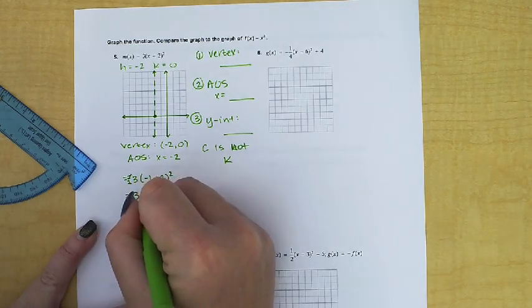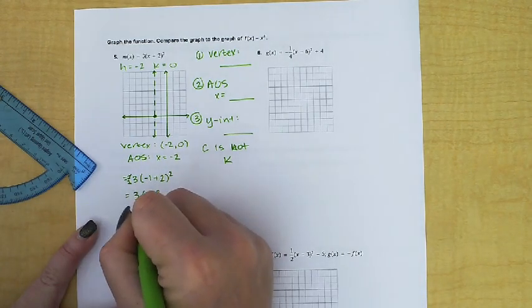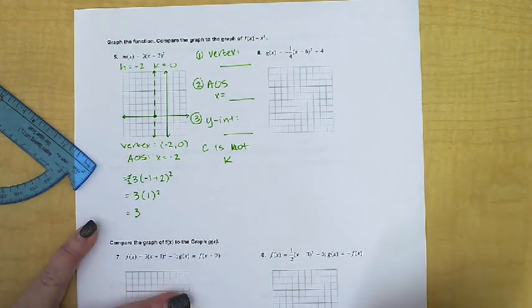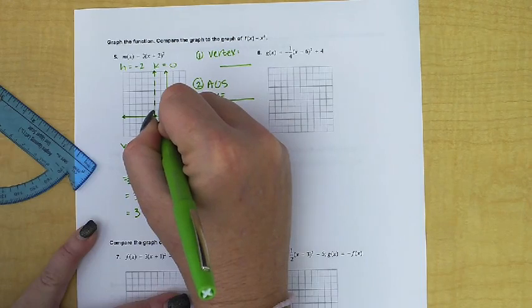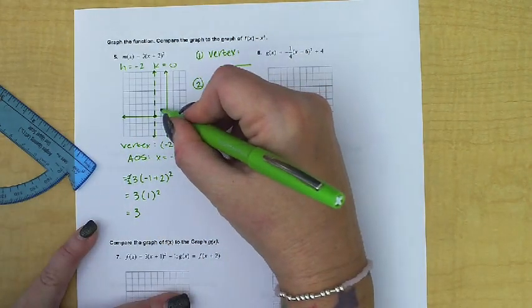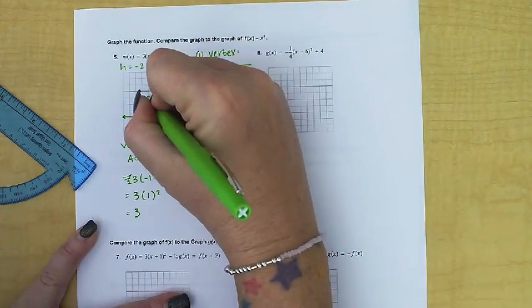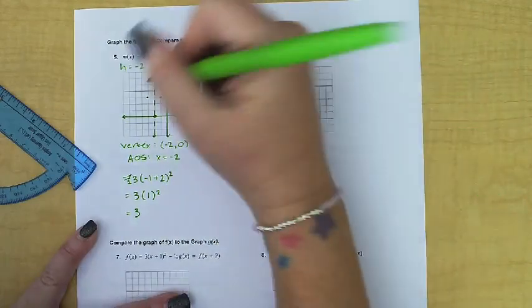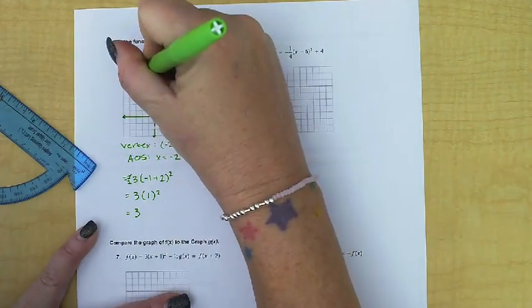Then we have 3 times 1 squared, which is going to just give us 3. So that negative 1 is what we put in. So we go here, and then we move up 1, 2, 3. There's 1 point. We can reflect that around that axis of symmetry, and our parabola is right there.